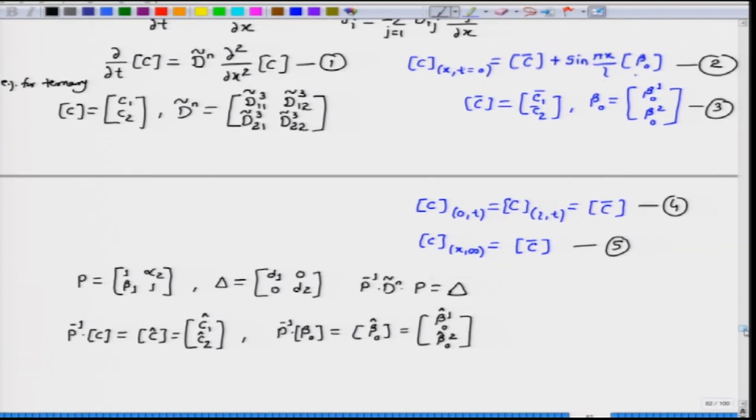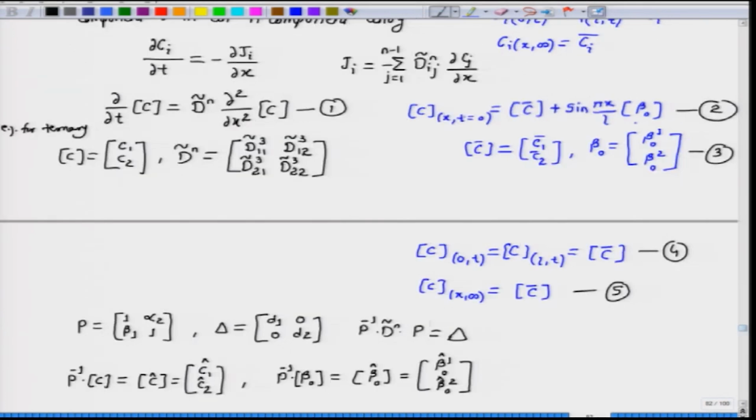Now, with this, if we pre-multiply the diffusion equation 1 with P inverse, we know P inverse times C is C cap, and we have on the right hand side P inverse times D tilde.